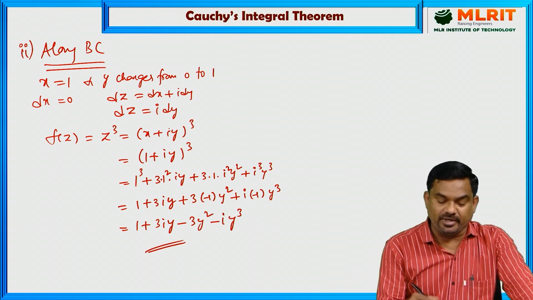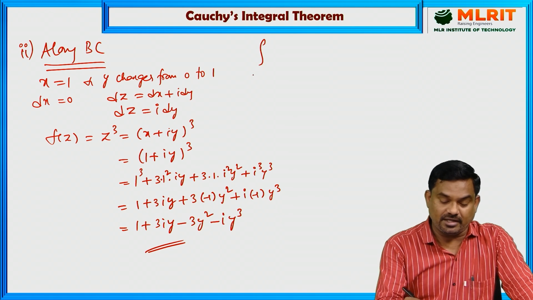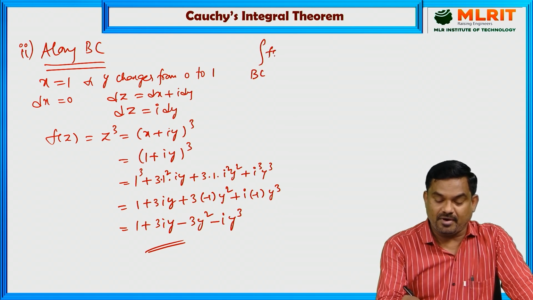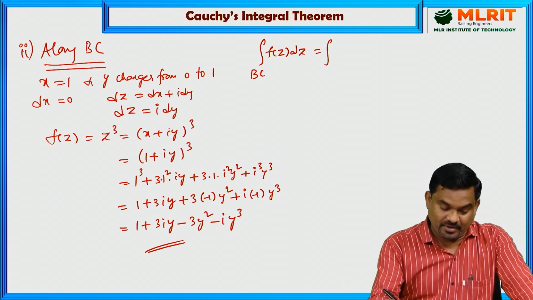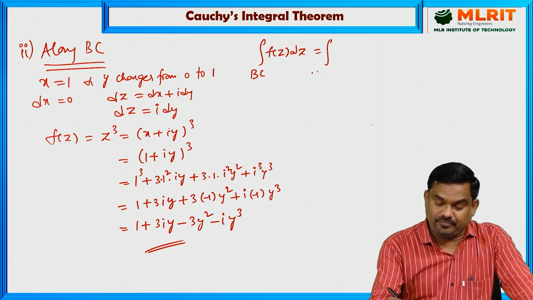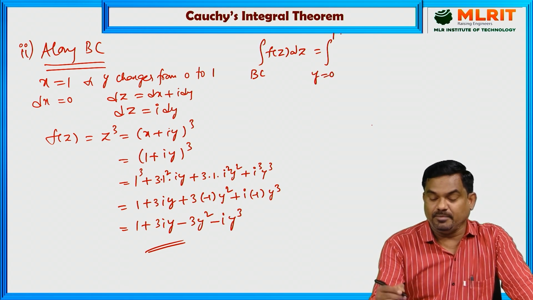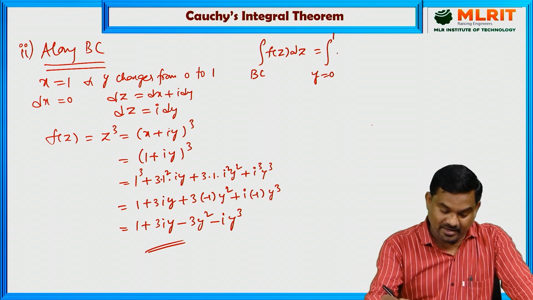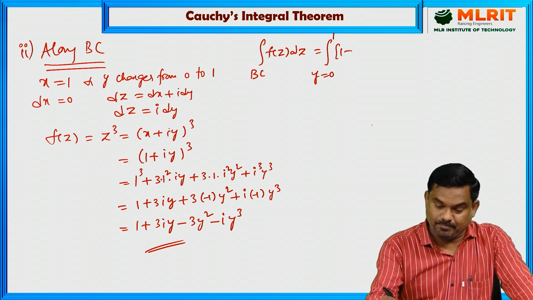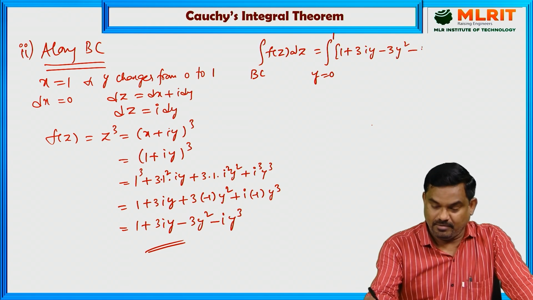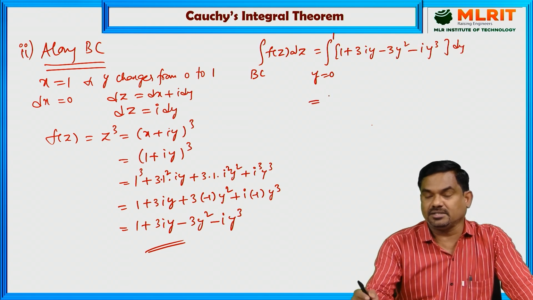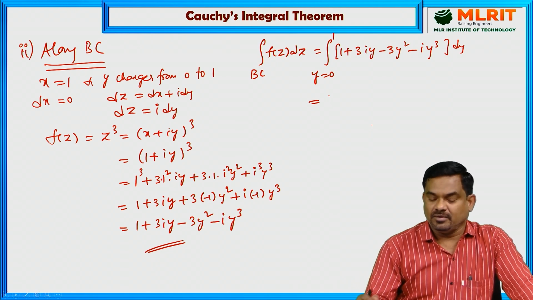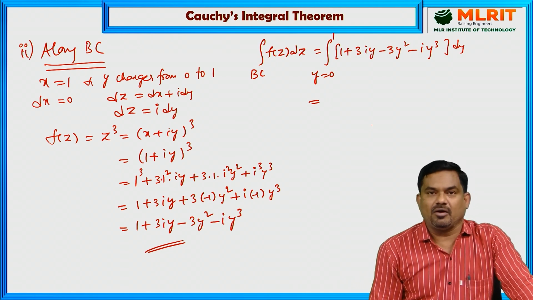Now we need to integrate this. So the line integral along BC of f of z dz is equal to the integral where y changes from 0 to 1. Therefore, the limits are from 0 to 1, and f of z is 1 plus 3iy minus 3y square minus iy cube dy. If we integrate this expression with respect to y, we can find the line integral along BC.